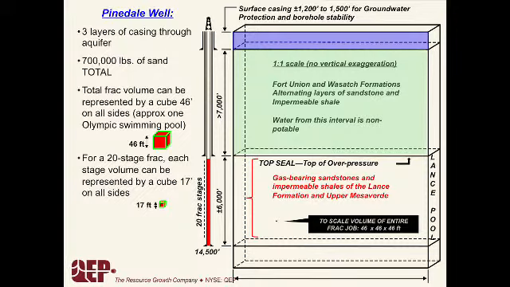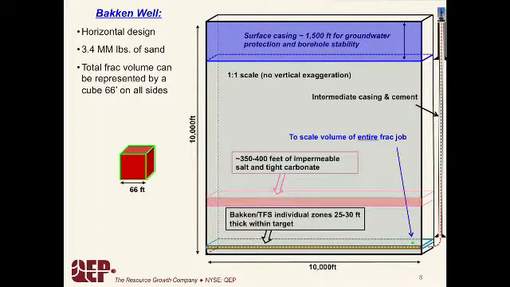So I think it helps to think about scope and scale here and what happens when you pump that fluid in the ground. Very little. It cracks the rock, it stays in the interval, and if you have the well constructed properly, it doesn't come to the surface. Another example, just to put it into context, slightly larger cube, about a 66-foot cube for the Bakken.